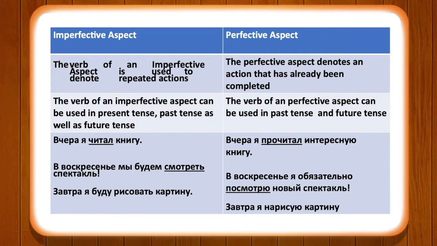So, the use of perfective aspect indicates completion of that action. Вчера я прочитал книгу indicates that I finished reading a book.